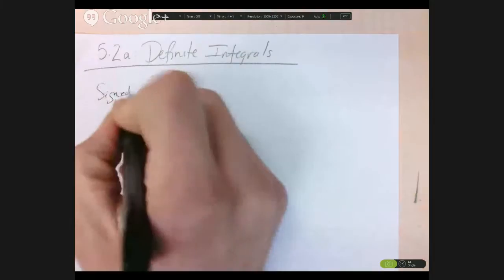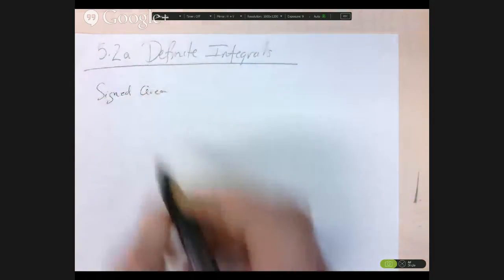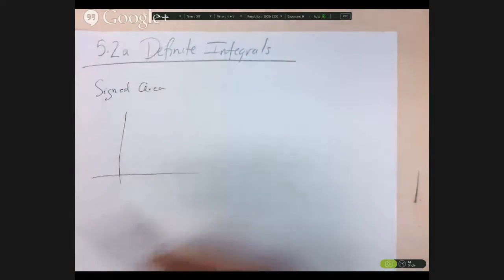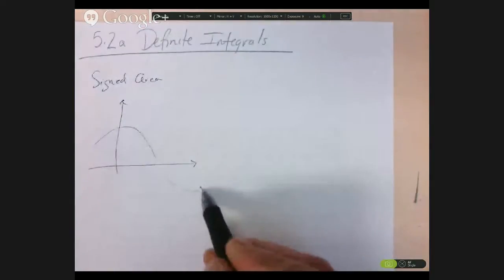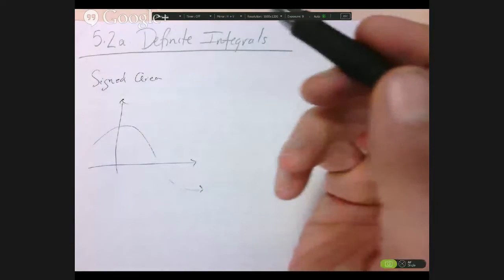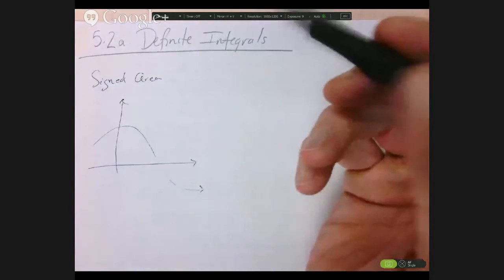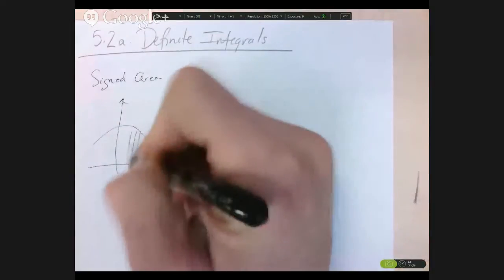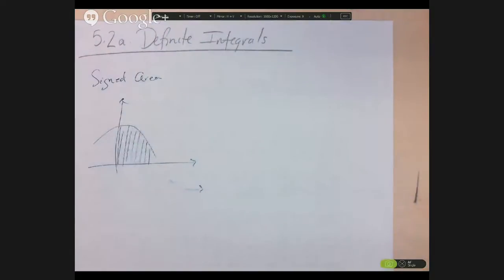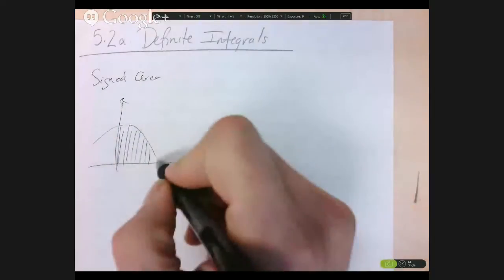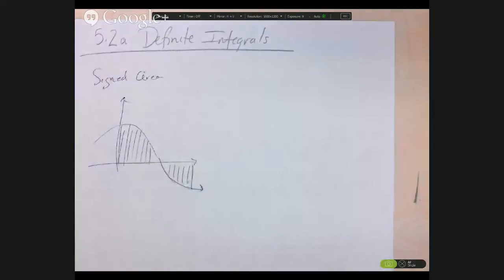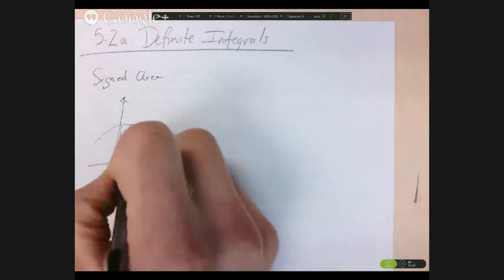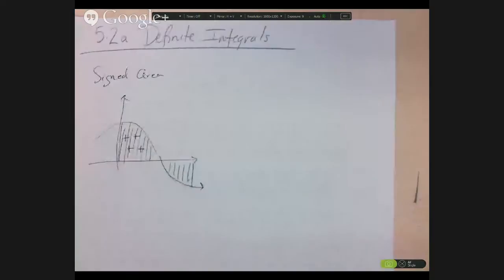What we got to address first, okay, signed area. So integrals, we've been doing integrals that calculate the area under a curve, correct? Okay, so what we haven't discussed is what happens if you go underneath the x-axis. Okay, so this area is positive.